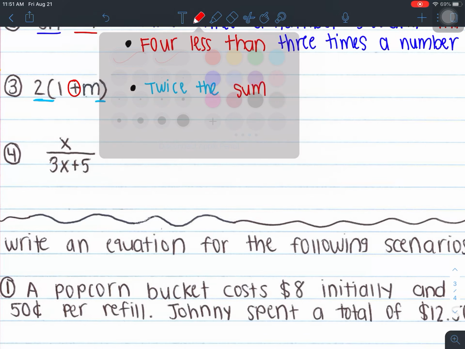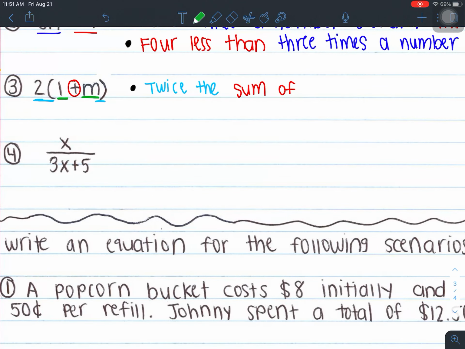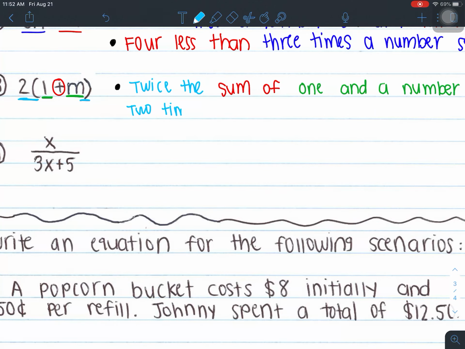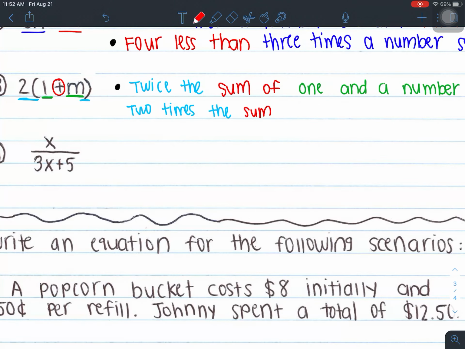of what here? Well, twice the sum of, what are we separating? We're separating the 1 and the m. So that's going to be twice the sum of 1 and a number. And again, you can also write it as 2 times the sum of 1 and a number.